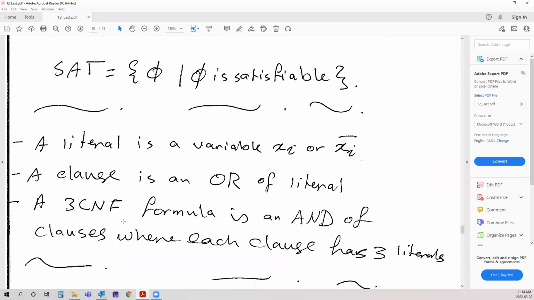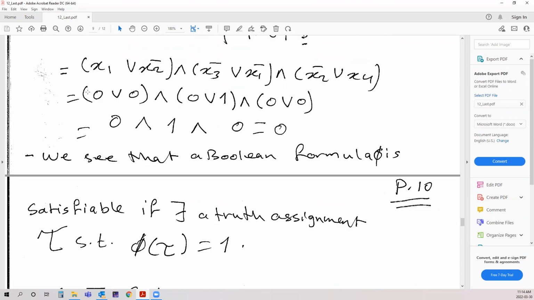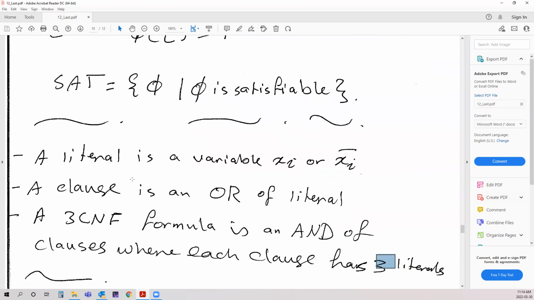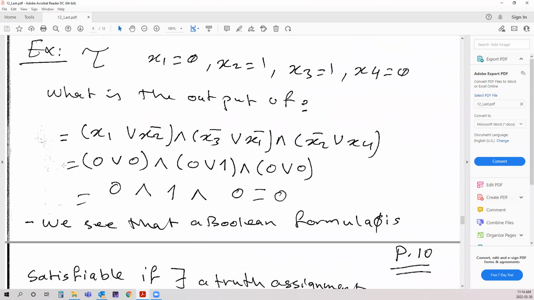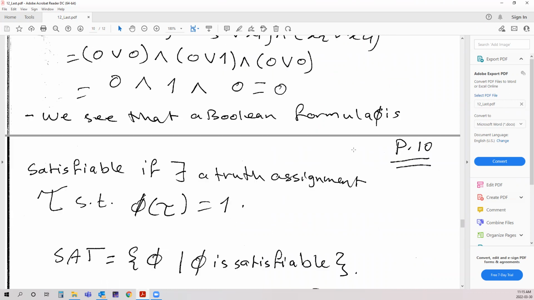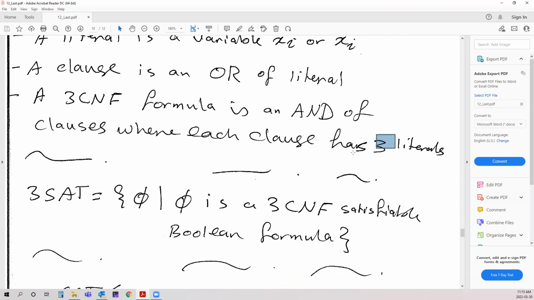A 3CNF formula is an AND of clauses where each clause has 3 literals. So in our example, we have 2 literals. With 3CNF, we should have 3 literals connected with OR, then the clauses connected with AND.